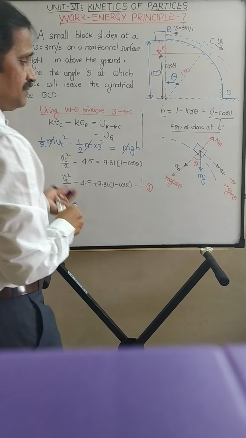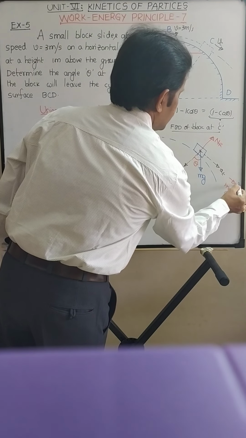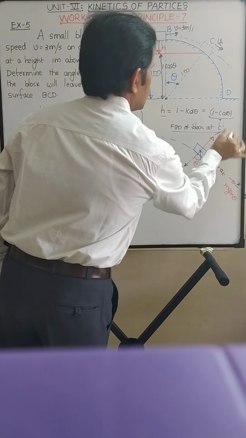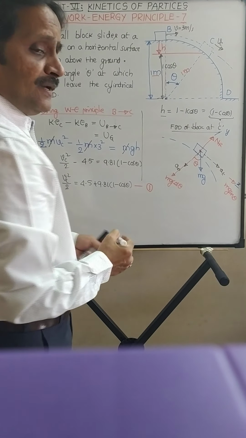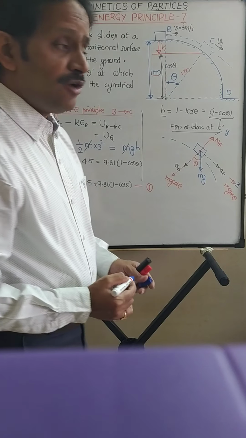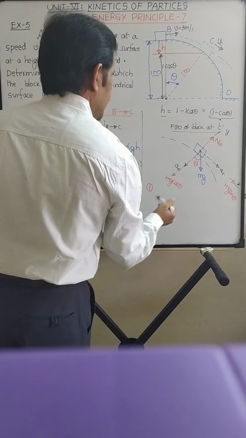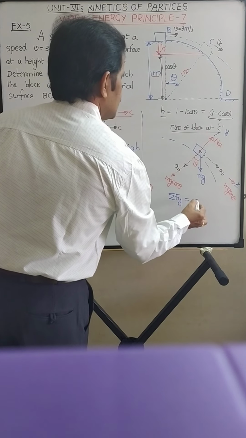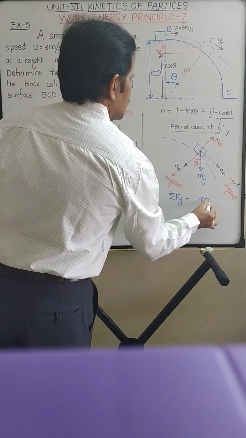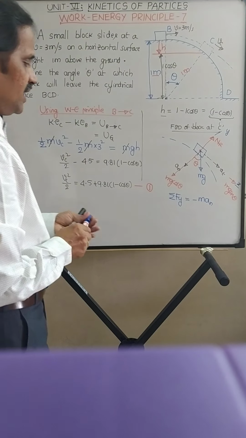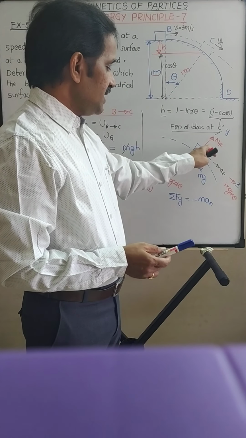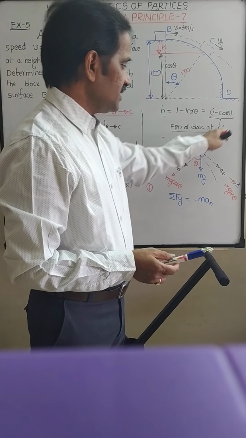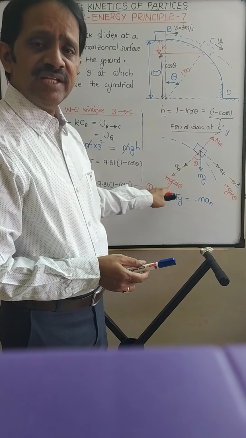By taking x-axis in tangential direction, y-axis in normal direction, using Newton's second law of motion in normal direction, that is summation Fy is equal to minus m an. Why am I taking minus? Here an is acting downwards. I am taking this as positive y-axis, so it is negative.